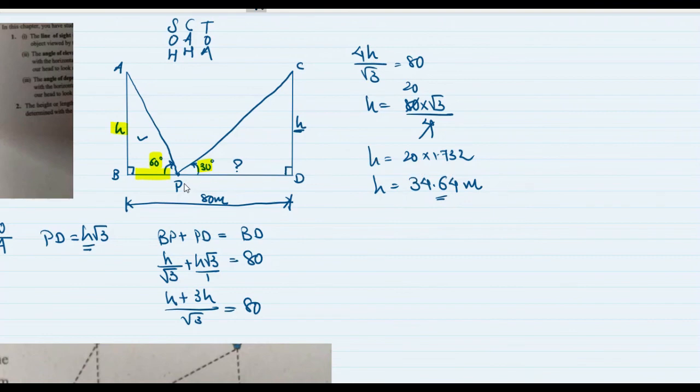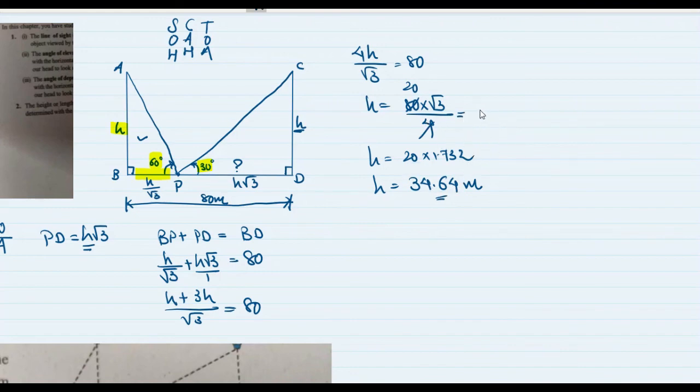Also, you have to find the distance of point P from both the towers. Now we know that BP is H by root 3 and PD is H root 3. So what you will do, you will substitute the value of H. Don't substitute this value 34.64.